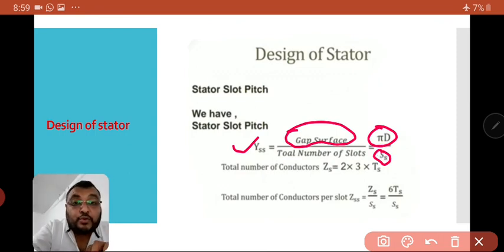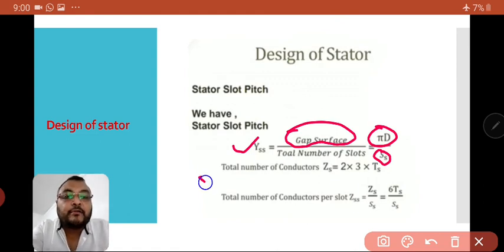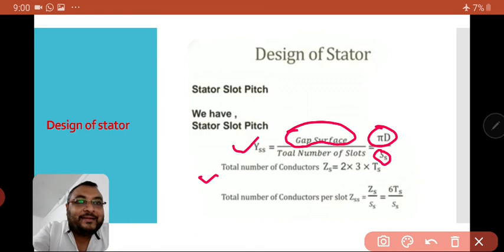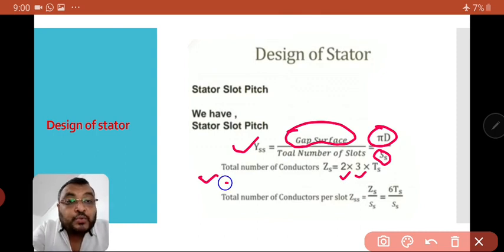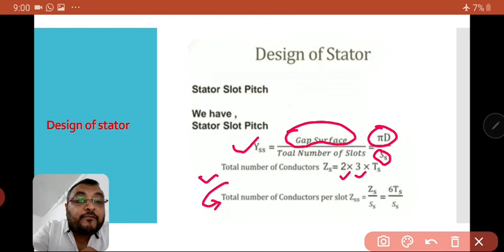The total number of conductors included in the stator part, that is Zs, is equal to 2 into 3 into Ts. So the total number of conductors Zs is 2 into 3 into Ts. From that equation we can go to the total number of conductors per slot, Zss is equal to Zs by Ss, which is equal to 6 Ts by Ss.